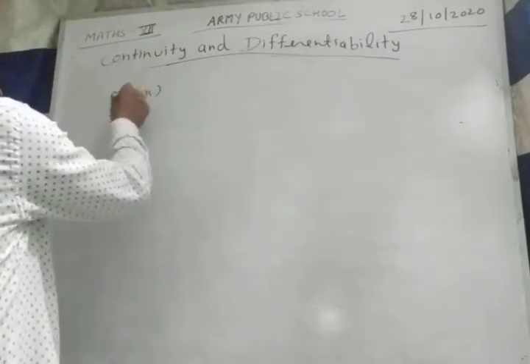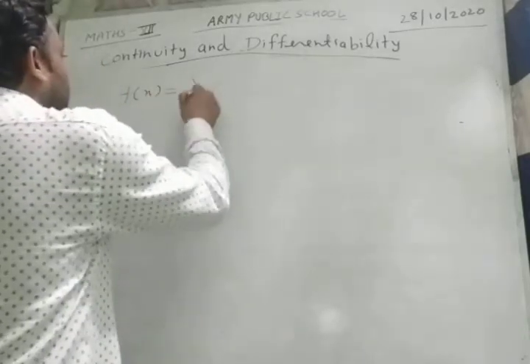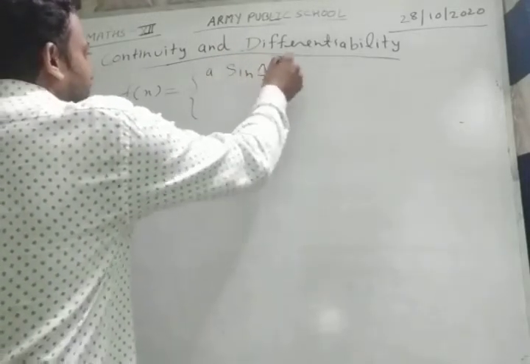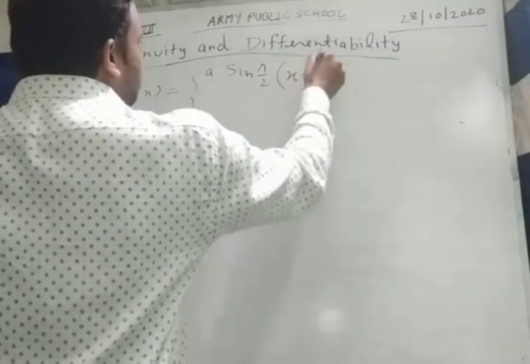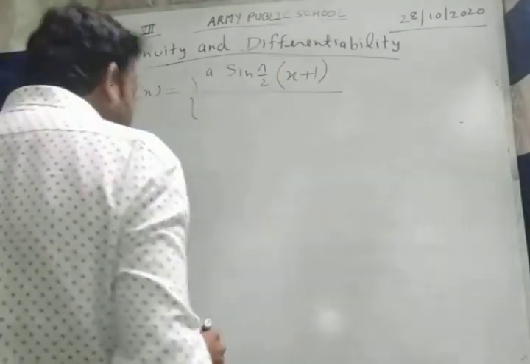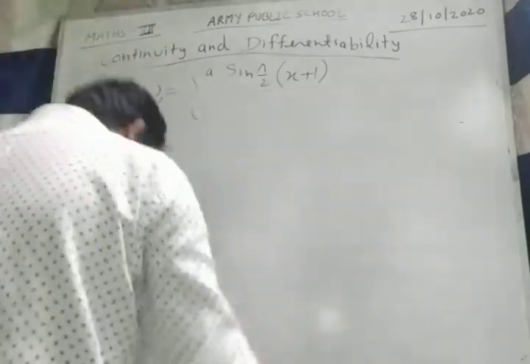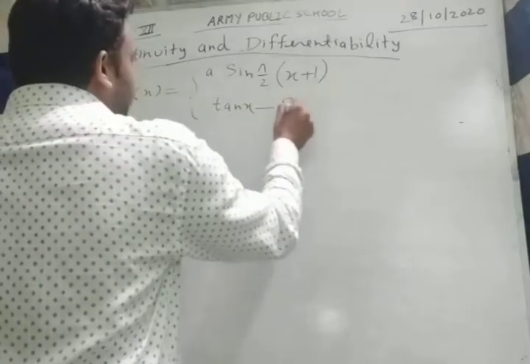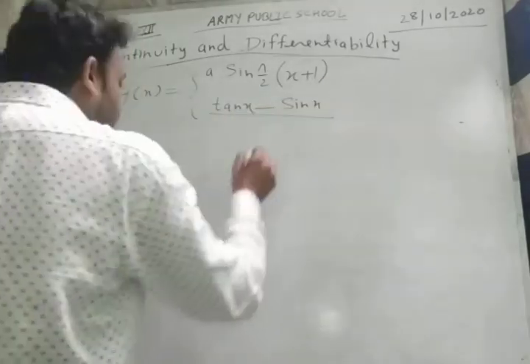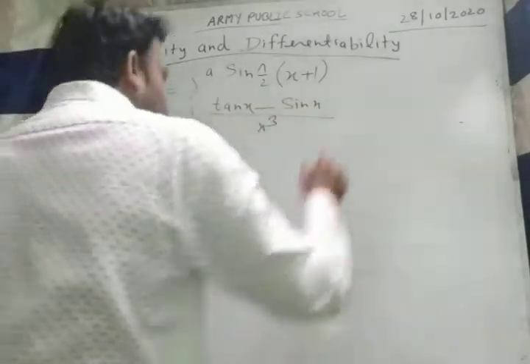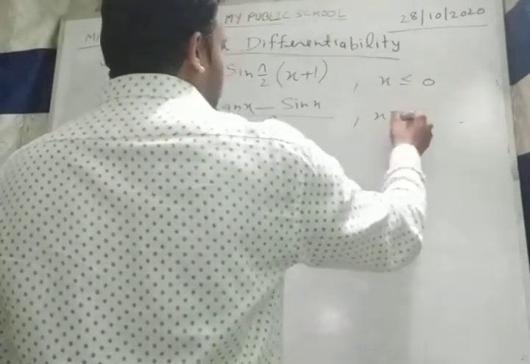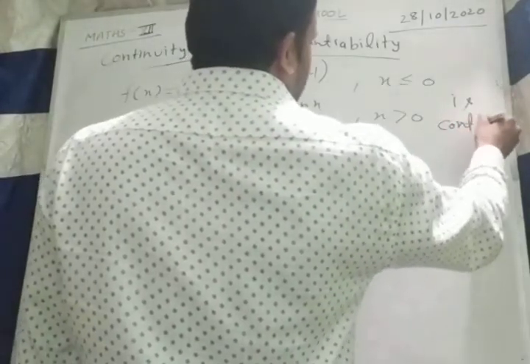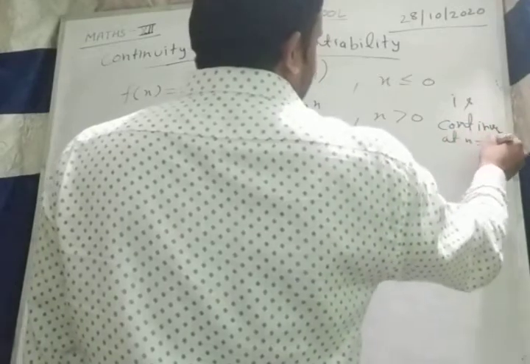The function is continuous, and what is the function? The function is a sin(pi by 2 x plus 1) for x less than or equal to 0, and (tan x minus sin x) divided by x cube for x greater than 0, is continuous at x is 0.